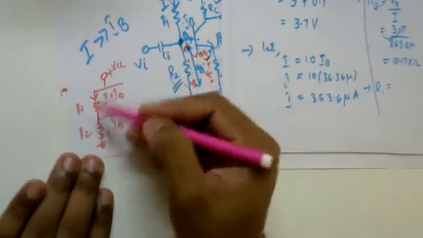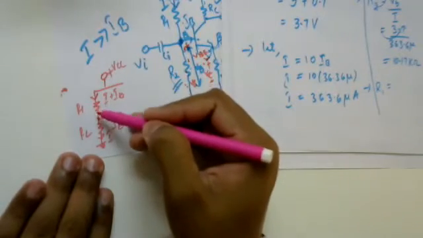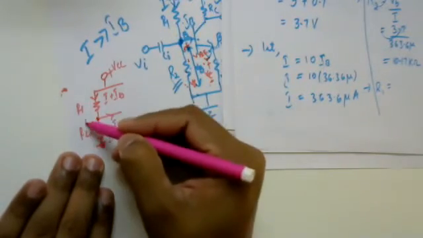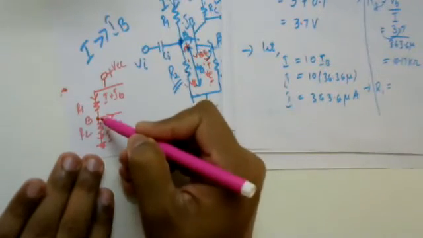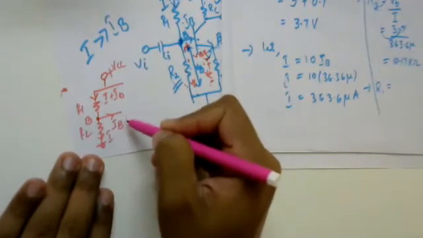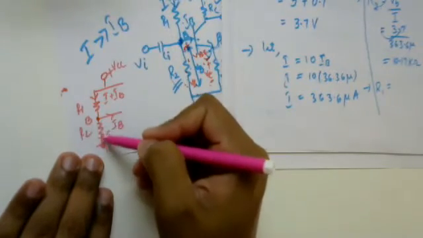So I plus IB is the current that flows through this branch till this point B, which is the base of my transistor. Out of which IB enters the base and I flows to the resistance R2.